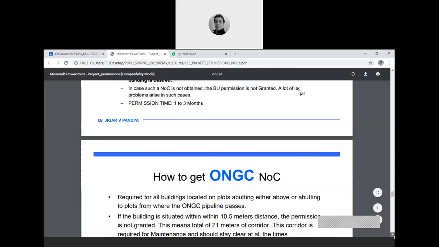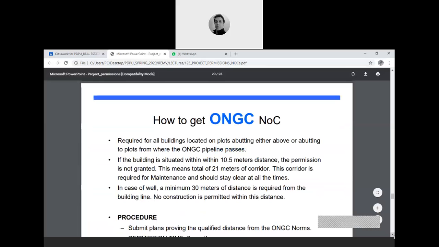Then there are ONGC lines which are passing through around the cities. These are usually underground pipes, but it is required for buildings located on plots abutting, or on plots where the ONGC pipeline passes.